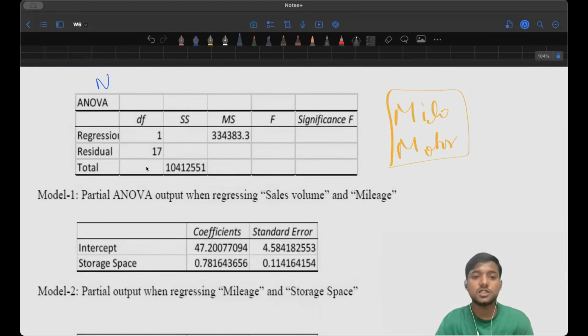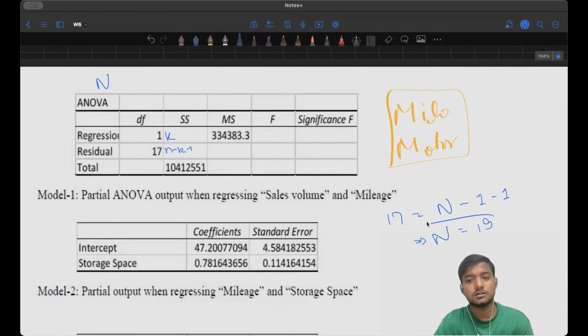And if you see here, this is k, and this is n minus k minus 1. So you can do it from here also: 17 is equal to n minus 1 minus 1, since k is 1. So therefore, n should be 19. Another way was, these two, if you add up, it should become 18, and this 18 is n minus 1. So therefore, n should be 19.